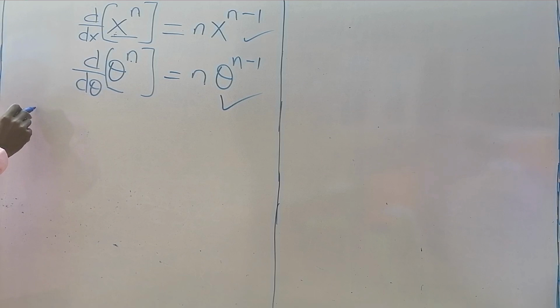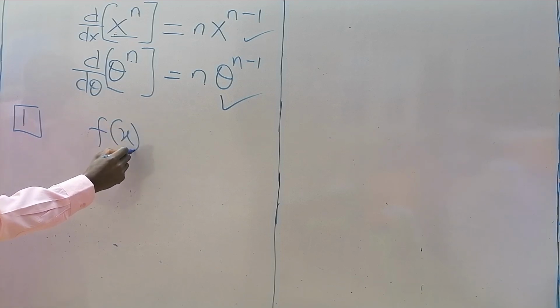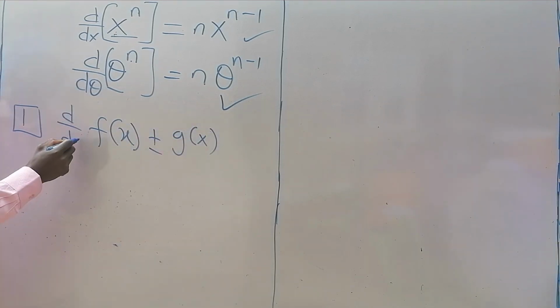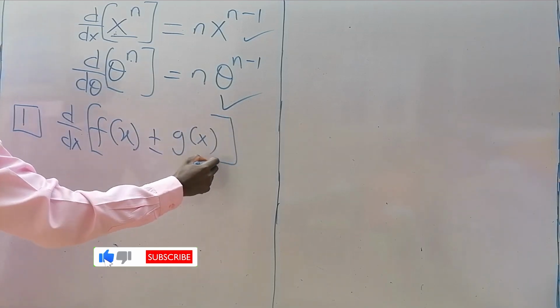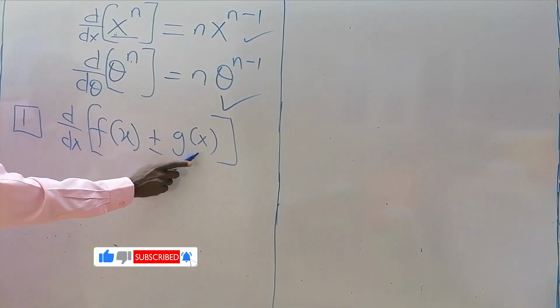Then another thing I want us to look into is when you have a sum of functions, f of x plus or minus g of x. This is the derivative of a sum of functions.